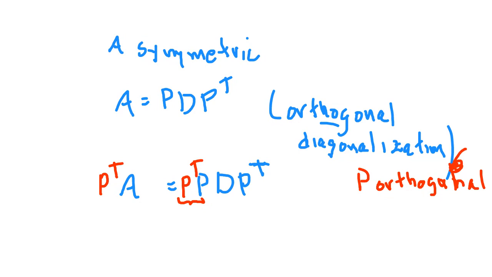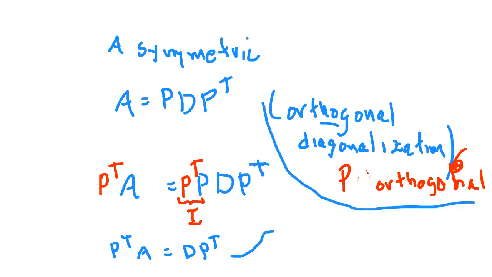P is orthogonal. That means P transpose is the inverse of P. So now we have that P transpose times A is equal to D times P transpose.